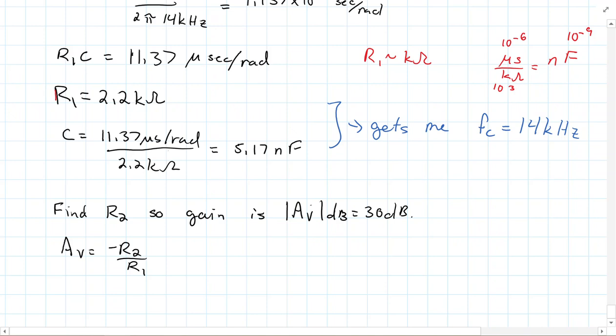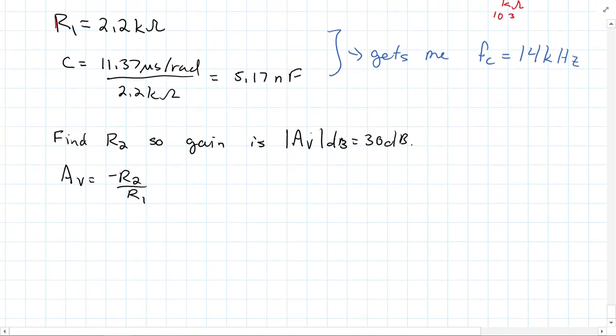So I'm going to do 30 decibels divided by 20 is equal to the logarithm of the absolute value of AV.